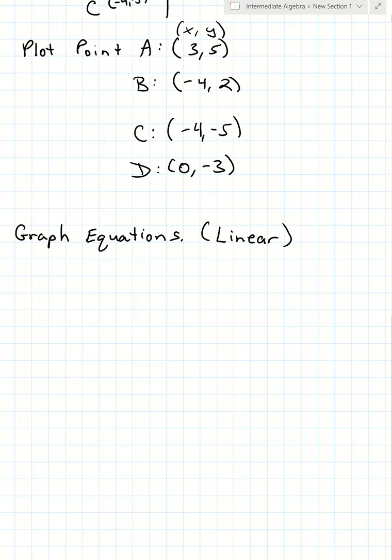These should form a straight line when you go to connect the dots, okay? So that's what we're going to have with linear equations. You will always form a straight line, okay? So what we're going to take a look at, first of all, is an equation in what we call standard form.